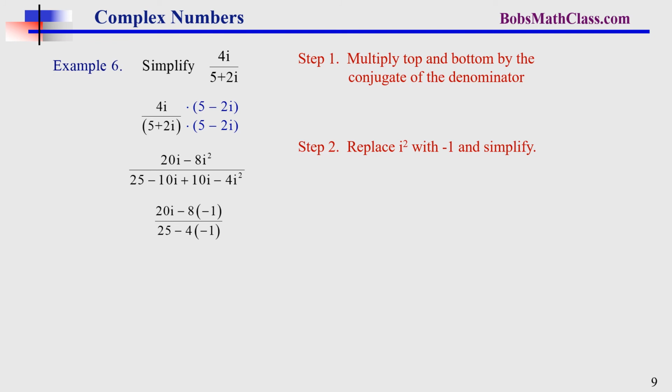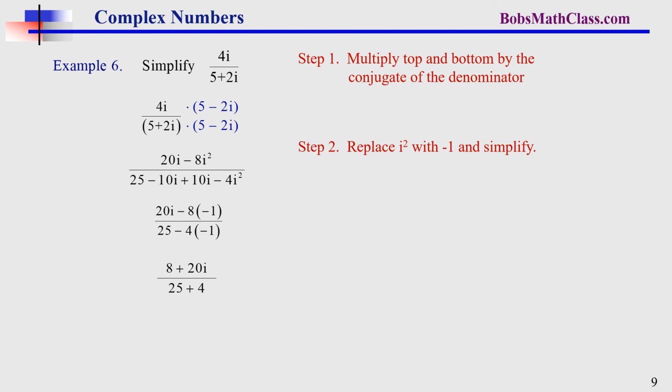Now we can multiply. 8 times negative 1 is negative 8, but there's already a negative, so that's going to give us a plus 8. 4 times negative 1 is negative 4, but there's already a minus sign, so that gives us a plus 4. We could add the 25 and 4. Notice the denominator.